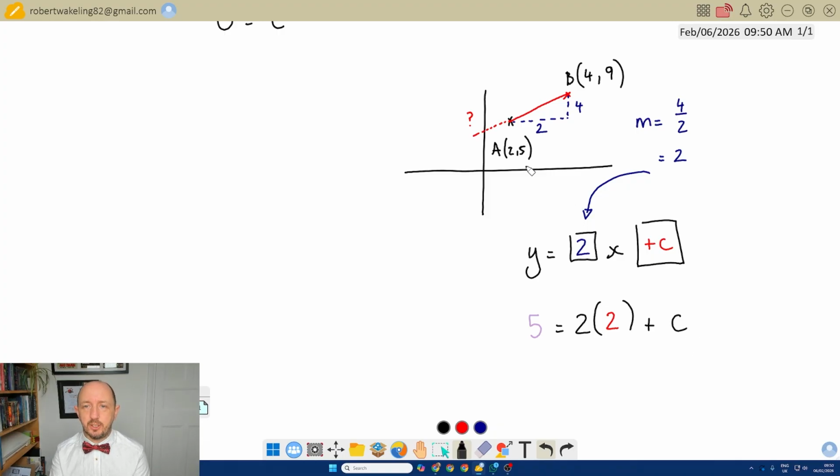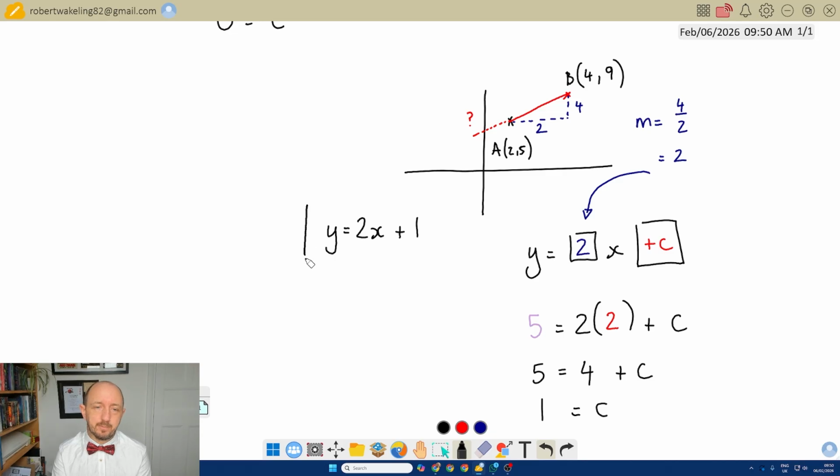So I substituted x as 2 and y as 5. Tidy this up: 5 equals 2 times 2, 4, plus c. Subtract 4 from both sides. 5 take away 4 is 1. So I've now found the c value of 1. I can finally rewrite my equation: y equals 2x plus 1.